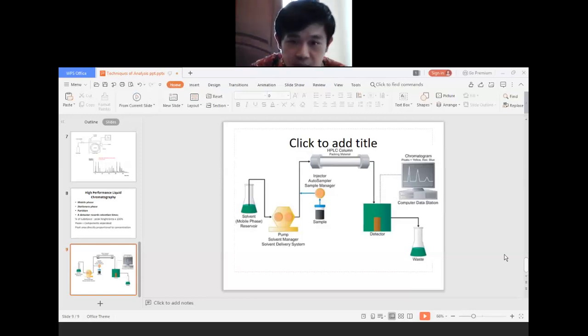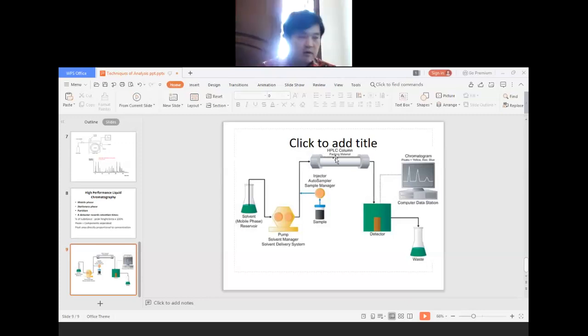And then there is a pump, a solvent manager, to adjust the flow rate of the solvent. And then there is an injector.